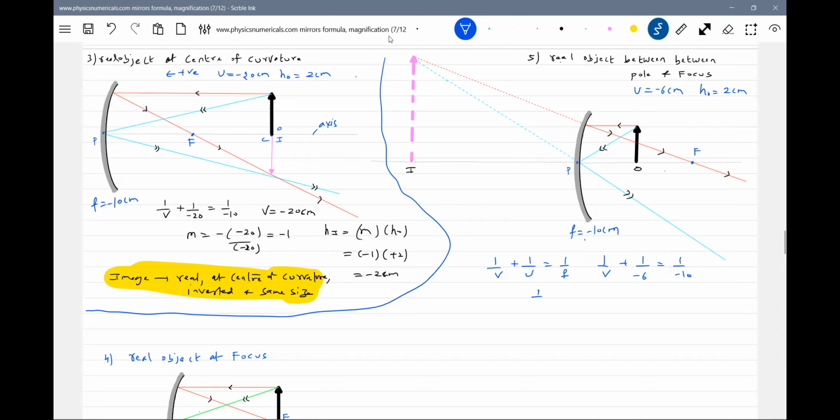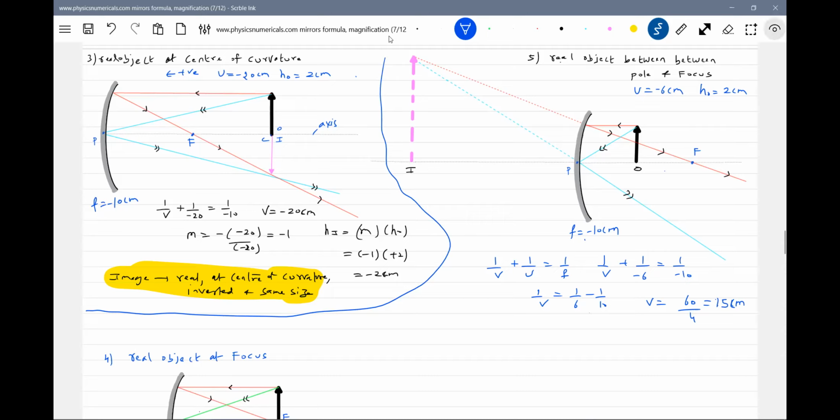If I solve this, 1 by V equals 1 by 6 minus 1 by 10. So V will become 60 by 4, or 15 by 2. No, sorry, 30 by 2, or it will be 15. 10 minus 6 by 60. So this will be 15 centimeter.